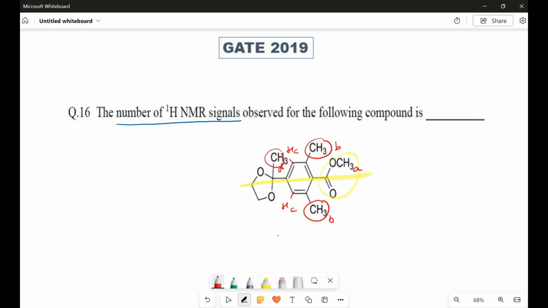Now you have hydrogens here. I've already mentioned, whenever you have a cyclic system, always try to write the cyclic system in the structural formula whereby you have hydrogens.